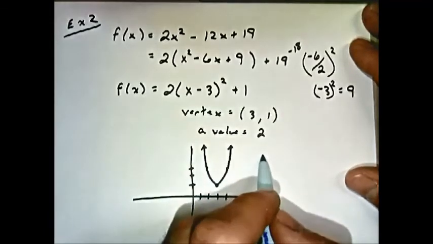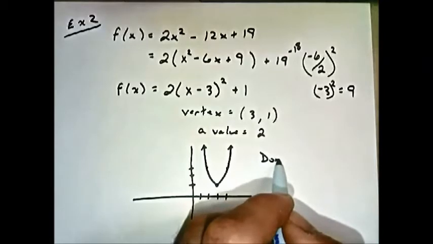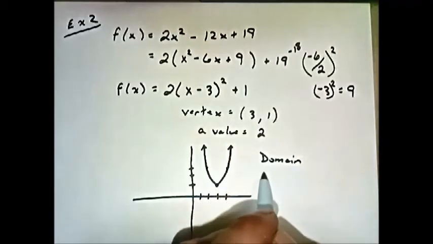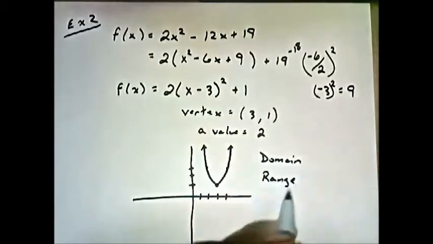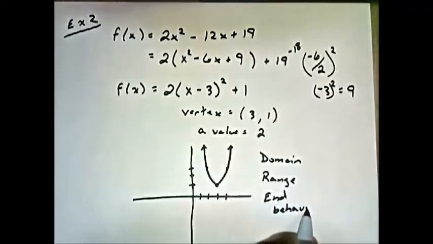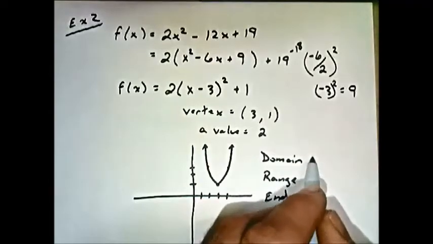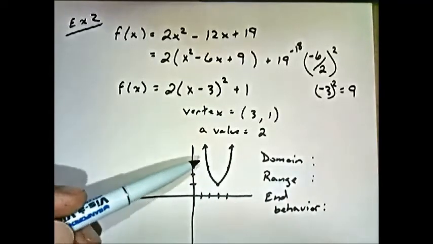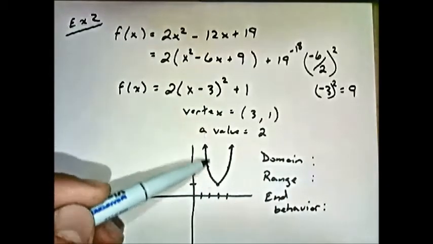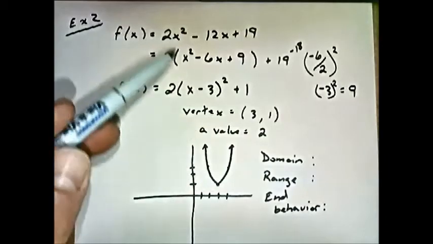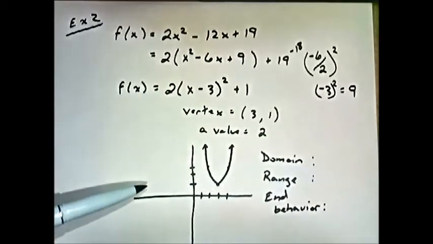The last thing we want to look at is the domain, the range, and the end behavior. My domain: any x value can be placed into this function. I can also look at it graphically.